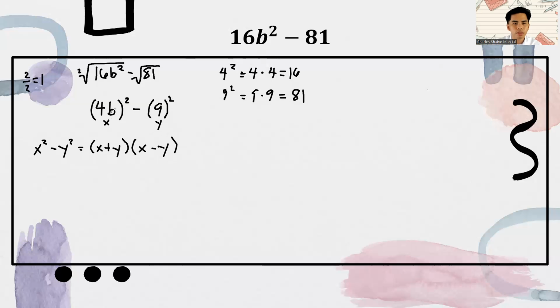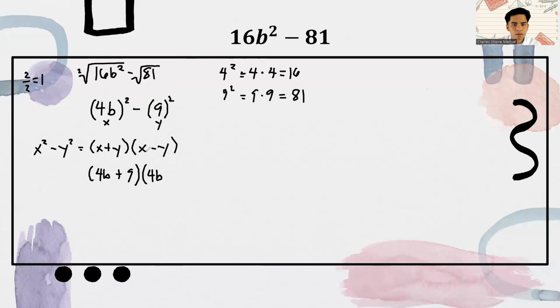just substitute this given dito sa ating standard form na the quantity of x plus y times the quantity of x minus y. Itong x, we will just copy this one for b and copy the plus sign, and yung y is 9. Enclose natin times the quantity of 4b, same lang din.